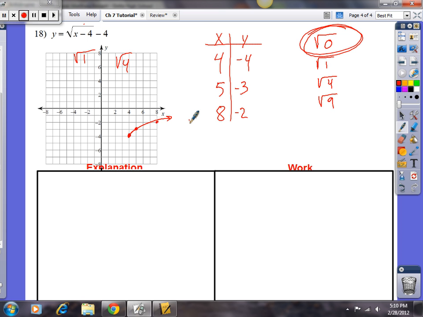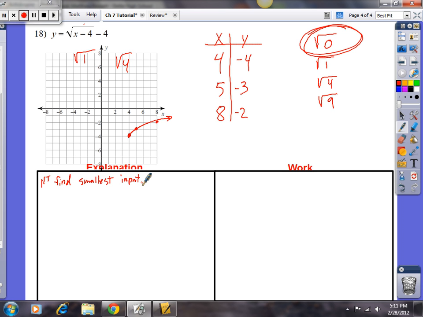Alright, so how do you explain that? Step by step by step. First, we want to find the smallest input. That's what we want to do.